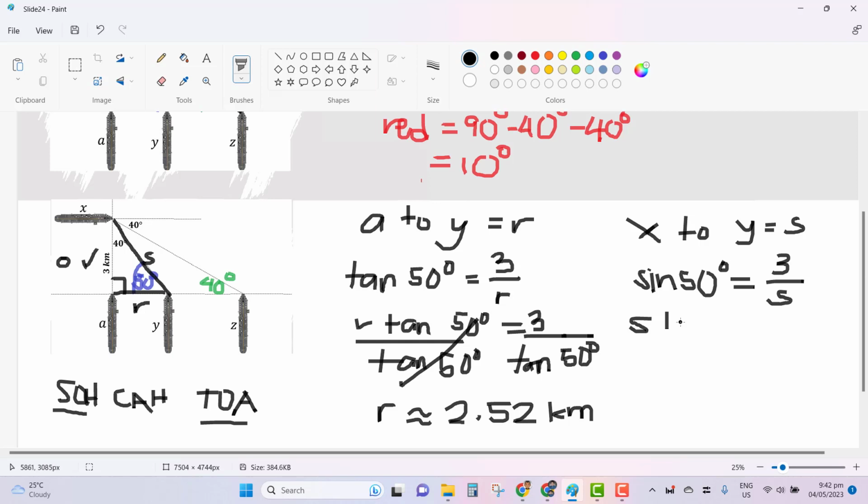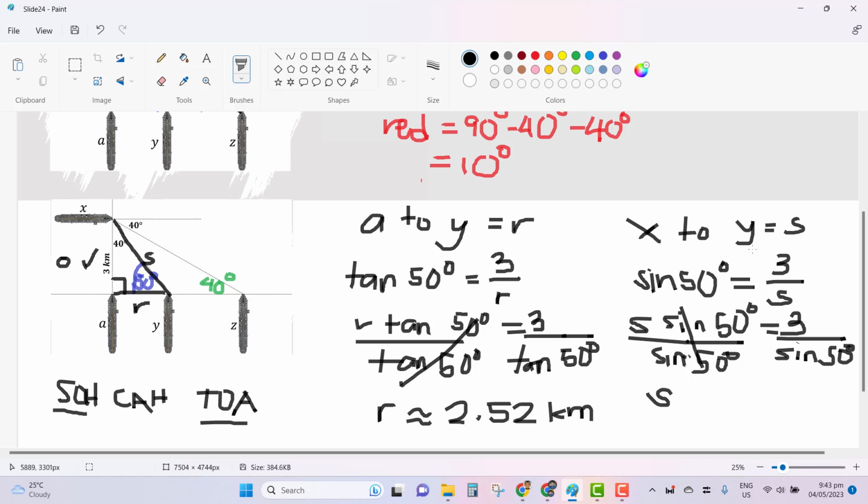So by the fundamental law of proportion, S times sine 50 degrees must be equal to 3. Divide both sides by sine 50 degrees and cancel that out.